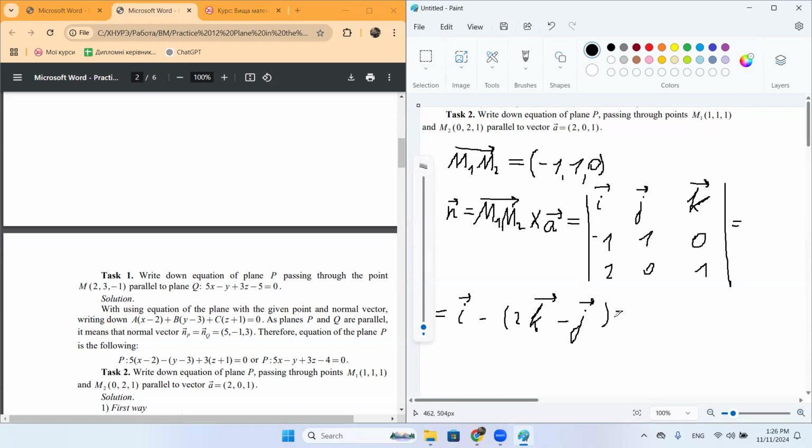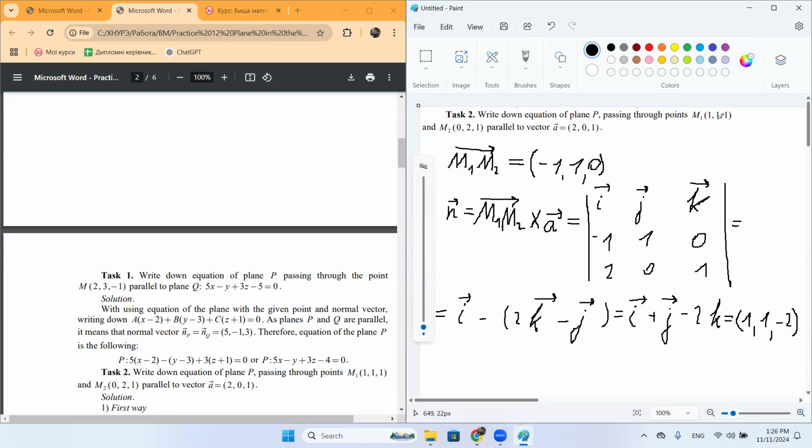So the coordinates are minus i plus j minus 2k, so a vector with coordinates 1, 1, minus 2. So this is the normal vector.